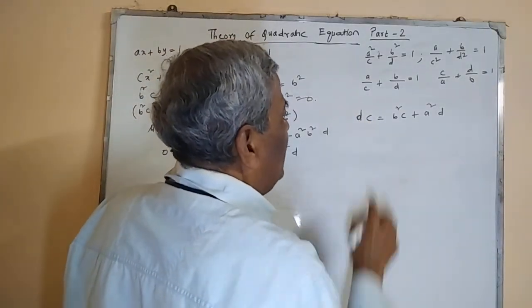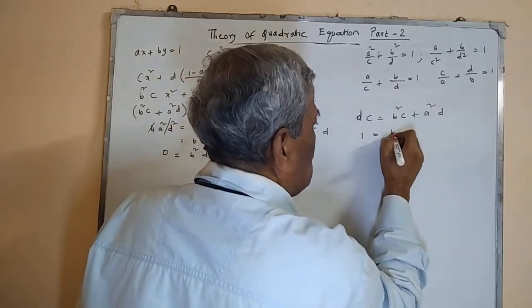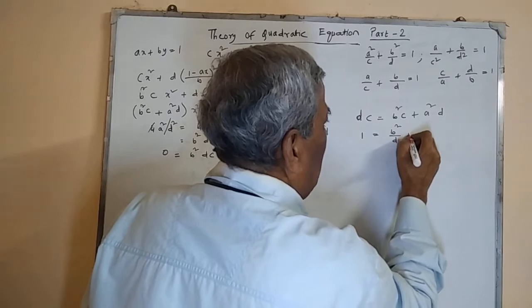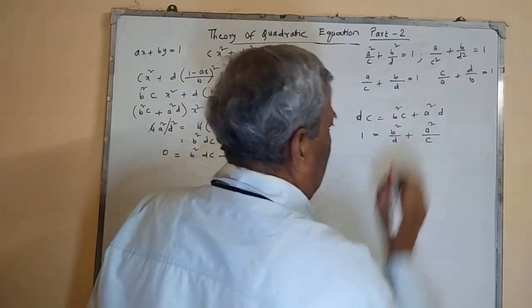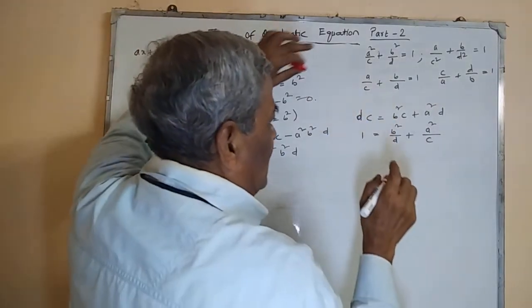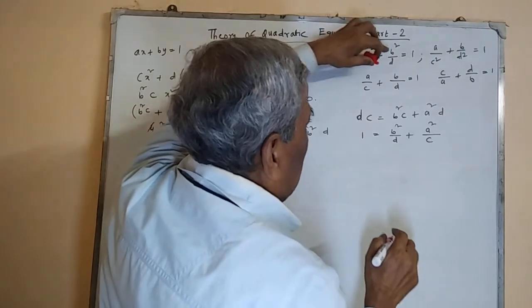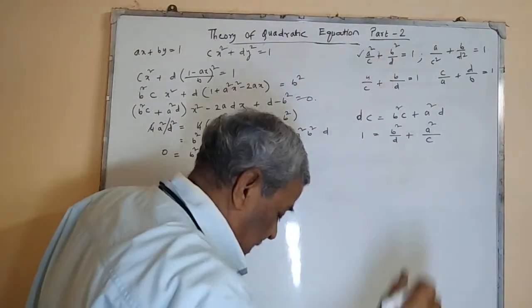Now dividing by dc, we get 1 is equal to b square by d plus a square by c. I think the answer is a square by c plus b square by d is equal to 1. So the first option is correct.